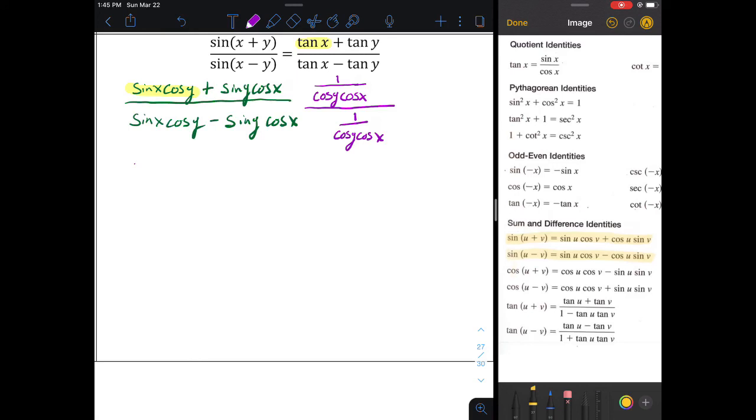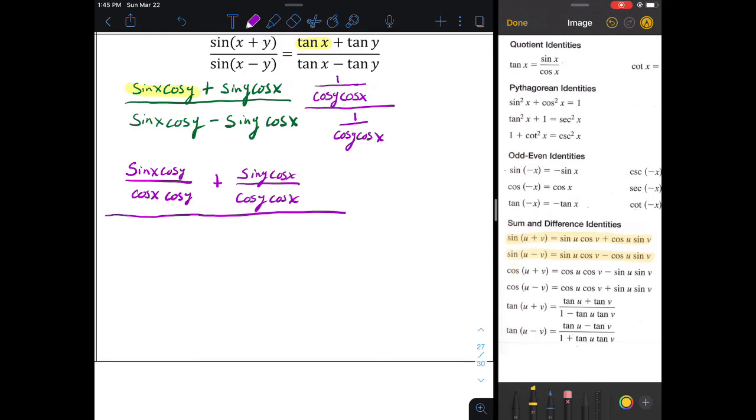So in doing so, we would have sine of x cosine of y divided by cosine x cosine y plus sine of y cosine of x divided by cosine of y cosine of x. That's my numerator.